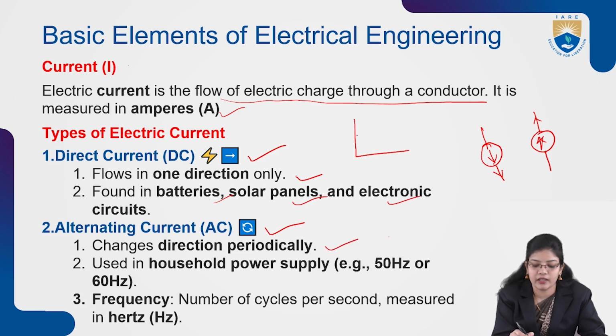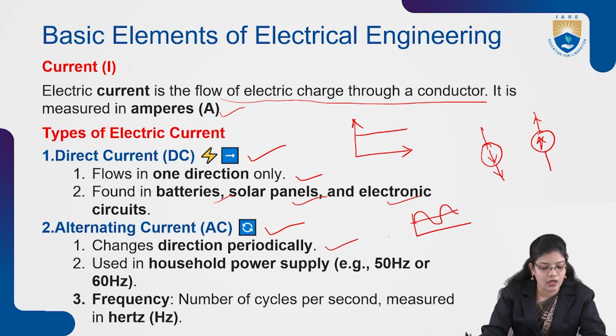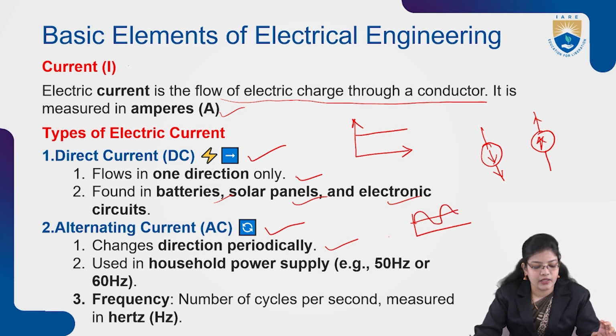So the DC current will be denoted like this and the AC current will be alternating. Alternating current changes the direction periodically and is used in household power supply, which is 50 Hz to 60 Hz. The frequency is nothing but the number of cycles per second, measured in Hz.